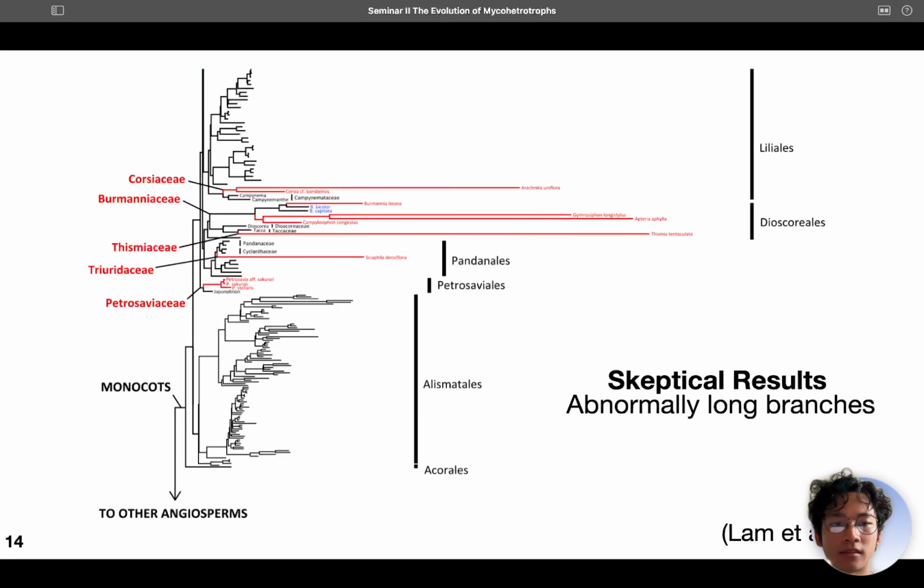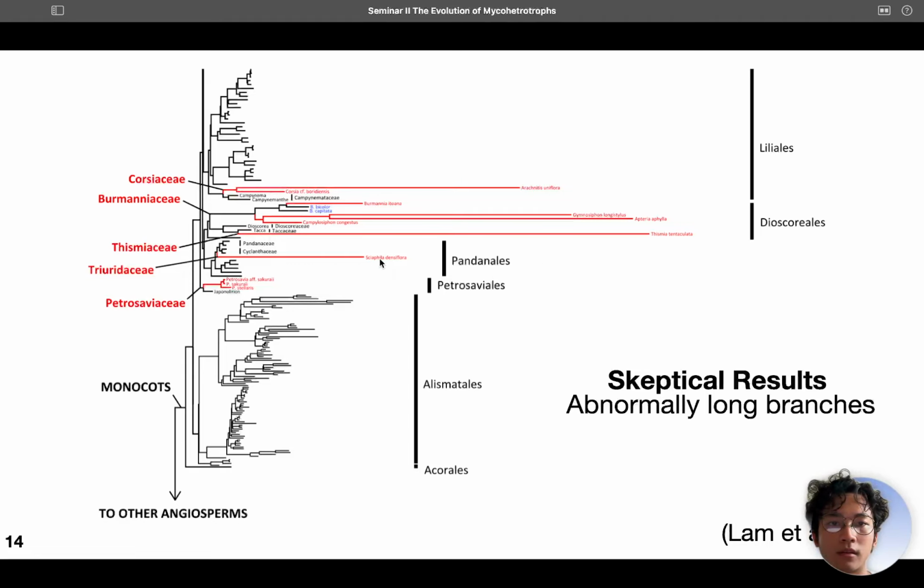In this case, this is the maximum likelihood tree. This is a part of the tree. You see these red long branches. These are the mycoheterotrophic plants that show the very long branches.